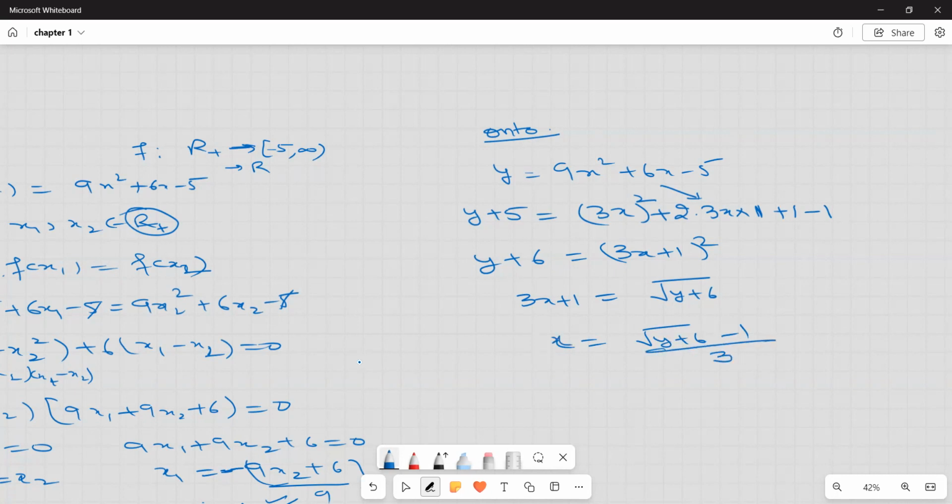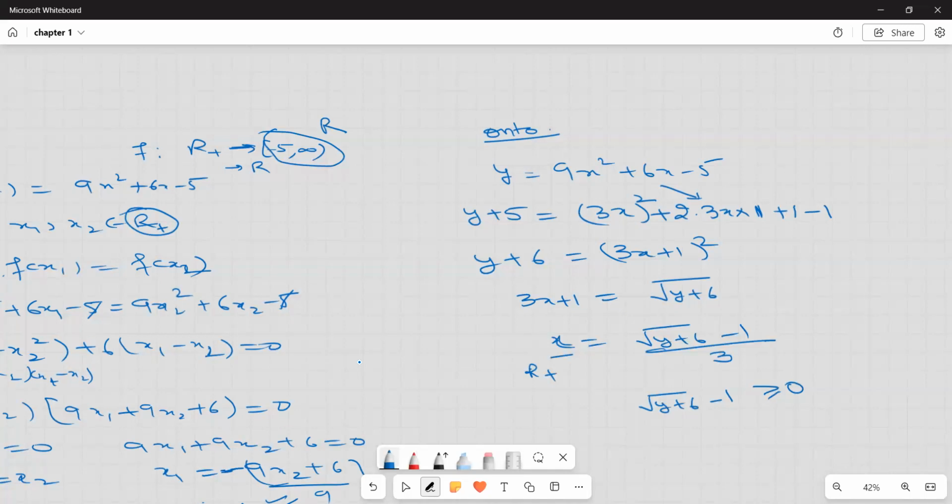Right? Now, if this is R, then x is (square root of y plus 6 minus 1) by 3. You can say this, as x is R positive. First remember this, x is R positive now, means this should be greater than or equal to 0.